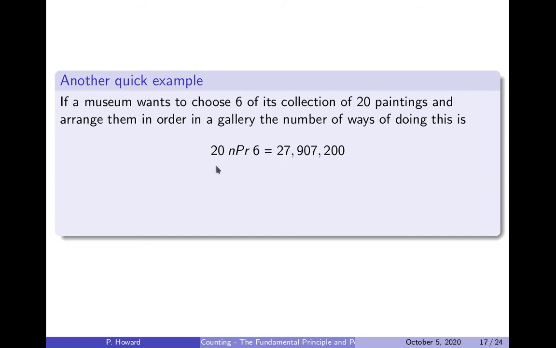This is the number of permutations of 20 things taken 6 at a time. I actually did this on Desmos and got 27,907,200 possible ways of arranging these 20 paintings in order.